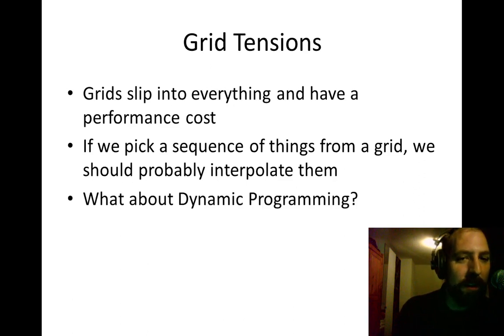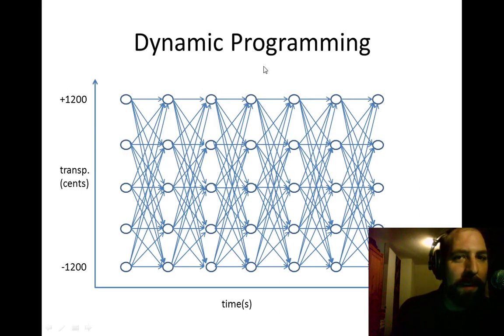I'll talk about this in relation to dynamic programming, which is basically an important grid optimization method. If we have a state space that's completely discrete, consisting of these points, then there's a special method we can apply. It takes advantage of this trellis structure, and it can give us, in a sense, the optimal path.